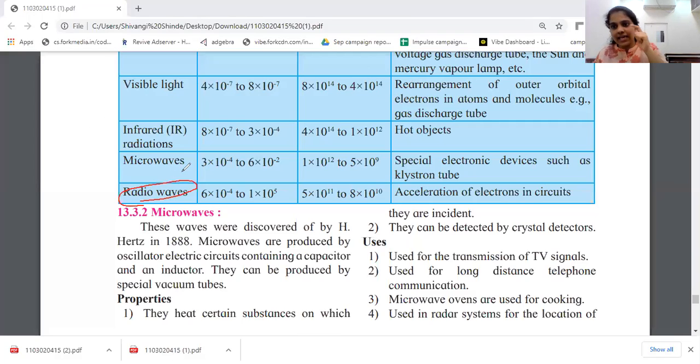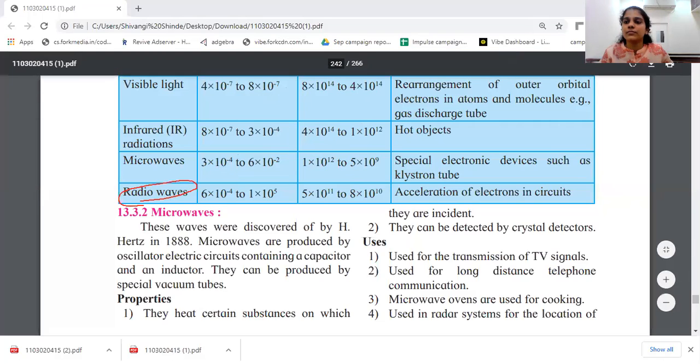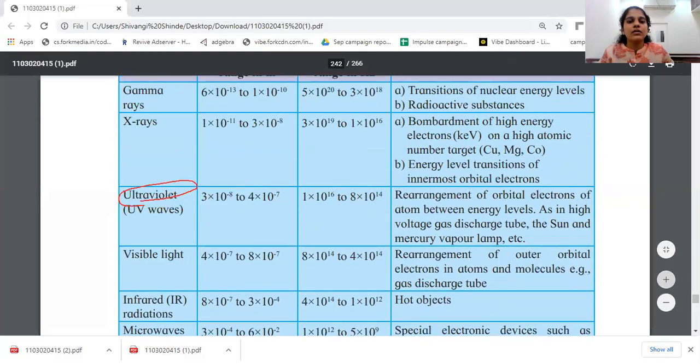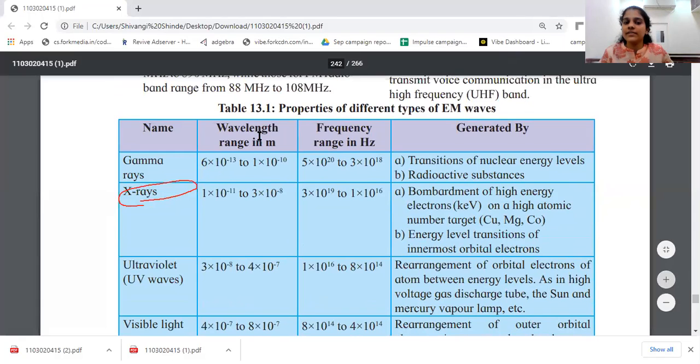So as I was saying, we'll start with radio waves. Now this table that is there, students. In this table, if I go a little bit above, just one second. You all can see the first column after the name: there is wavelength in meters, and frequency range in hertz.